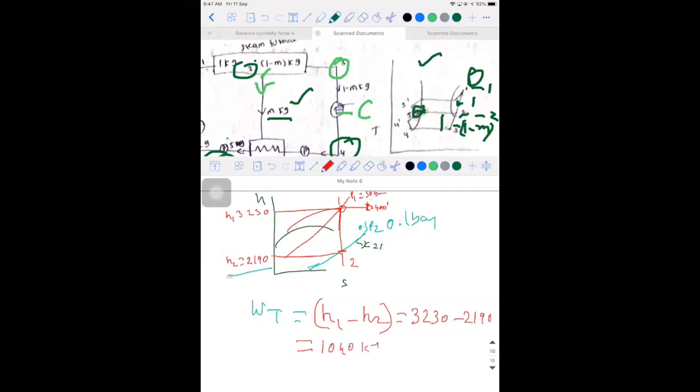Of course, per kg, that is clear. Okay, and now let us have SSC.